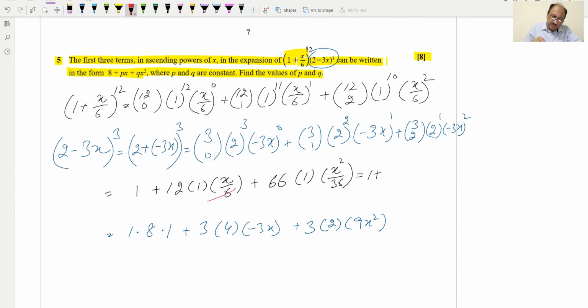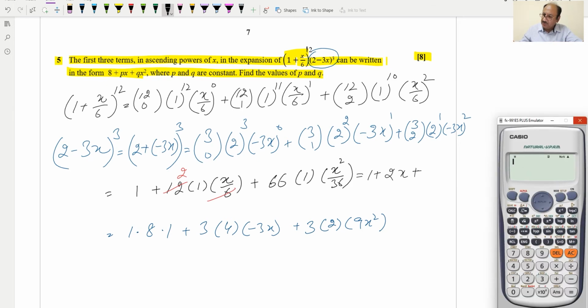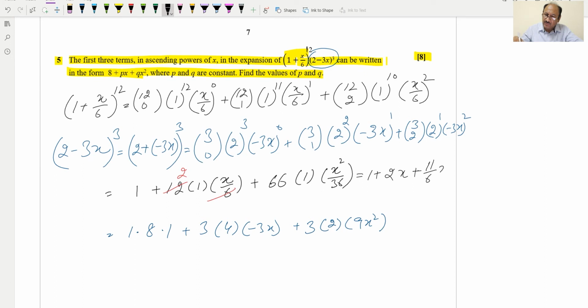we can cancel, 6 2s are 12, so it will be 2x, and after cancellations, 66 divided by 36 will be equal to 11 over 6, so we can write 11 over 6x squared. So this is one expansion which we have done up to 3 terms.